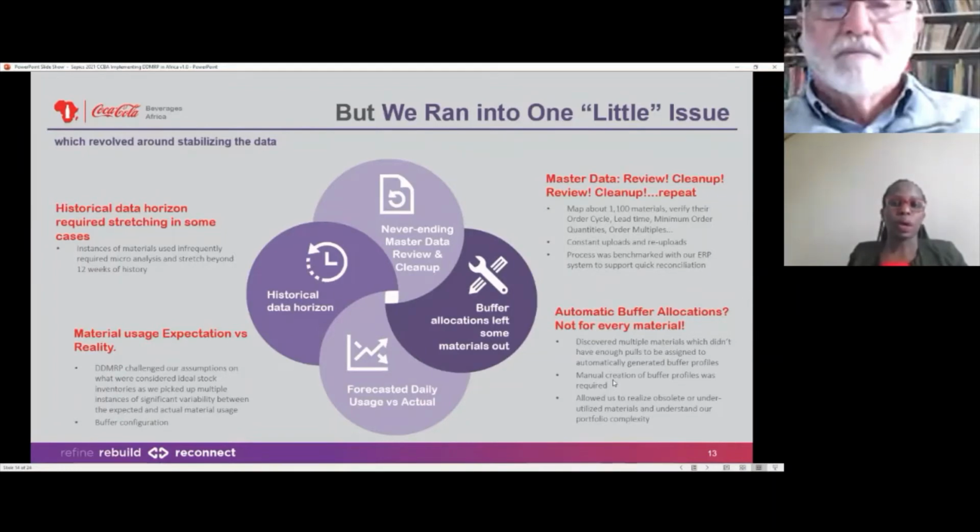We also encountered an issue to do with forecasted daily usage being different from the actual usage that was actually happening.